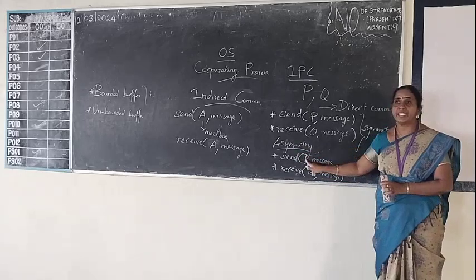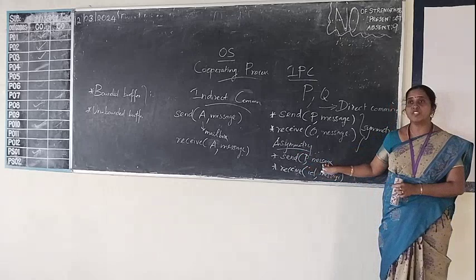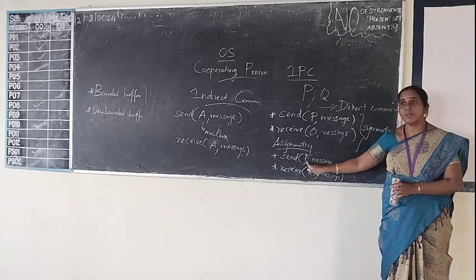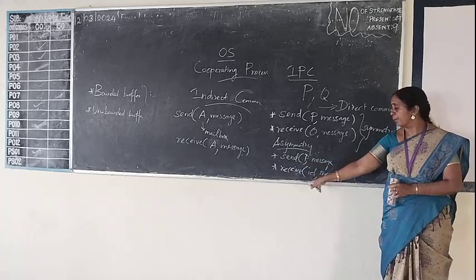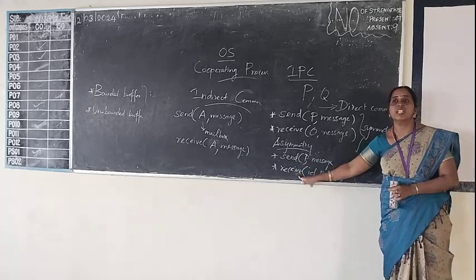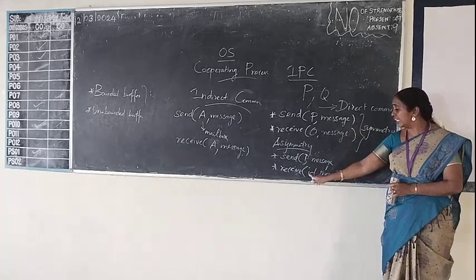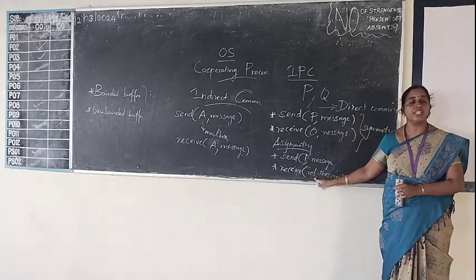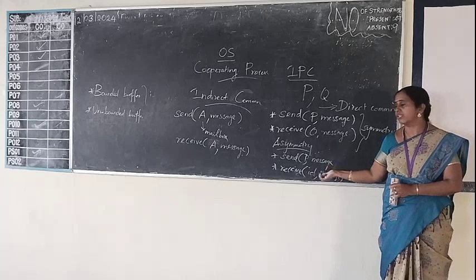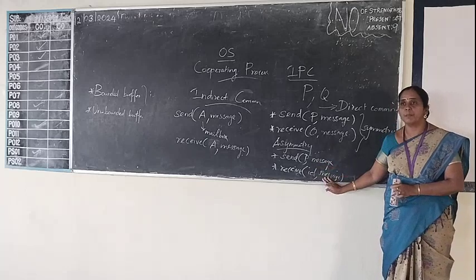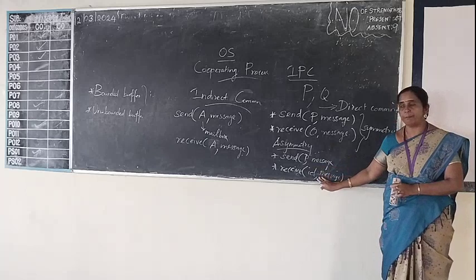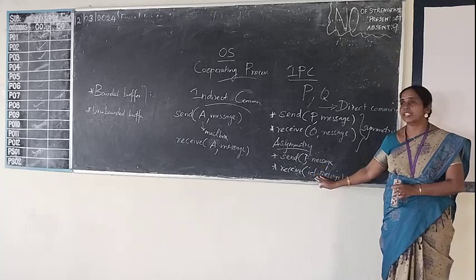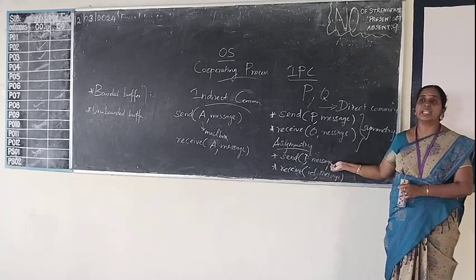Here, send(P, message) represents sending a message to the person or process P. So here, the recipient is directly specified, but when you receive any message from any person, the sender name is not given directly. Here, ID represents the ID value or some other identifier value for the particular process or person, but the person name is not directly mentioned here. This is called asymmetry in addressing.